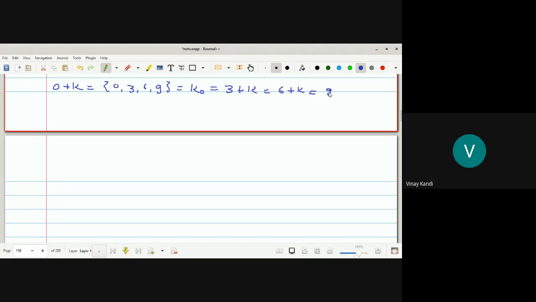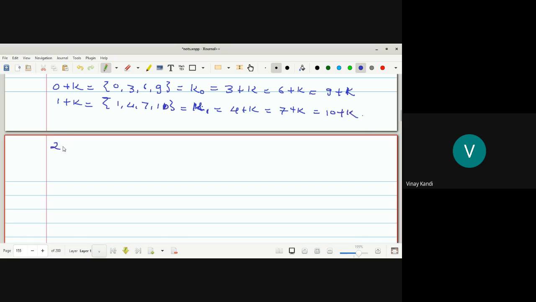Okay, all these sets were the same. 1 plus k is equal to 1, 4, 7, 10. Suppose this is named k1. This is equal to 4 plus k, which is equal to 7 plus k, which is equal to 10 plus k.